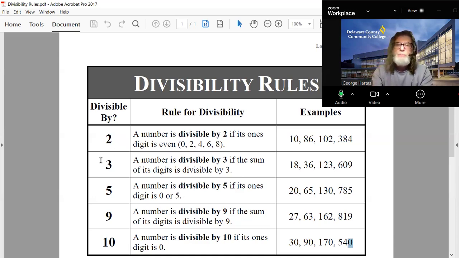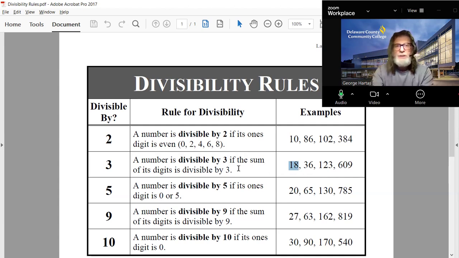Okay, so now let's jump back to the number 3. This is a little bit more complicated, but not super difficult. A number is divisible by 3 if the sum of its digits is divisible by 3. So what it's saying here is if we add the digits of a number, so let's take 18 for example. If we add the digits, what do we get? 1 plus 8 is 9.